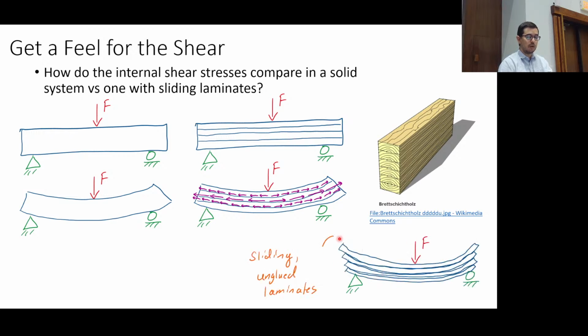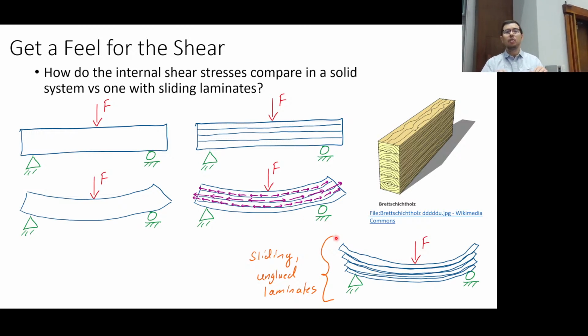This is my poor drawing of sliding. And with that sliding, what do you see? You see motion, relative motion between, say, this laminate and this laminate, in the horizontal direction, or in the radius of curvature direction. So I've got sliding of surfaces internally.